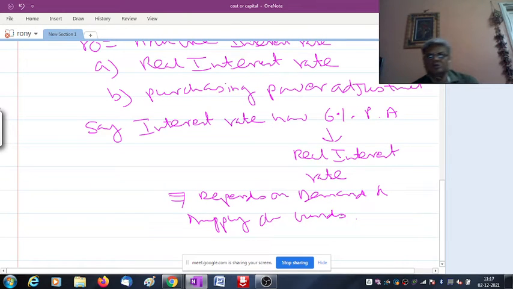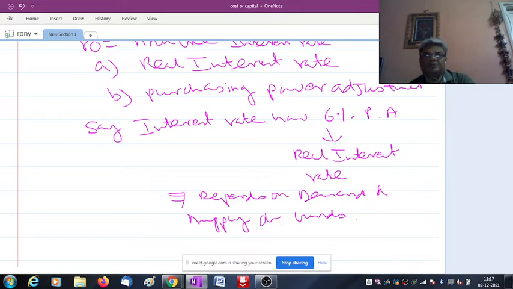This rate depends on the market, the market players, the flow of credit, and accordingly this 6% rate is determined. This is called the real interest rate. Up to this, is it okay? Yes, sir, it's okay.